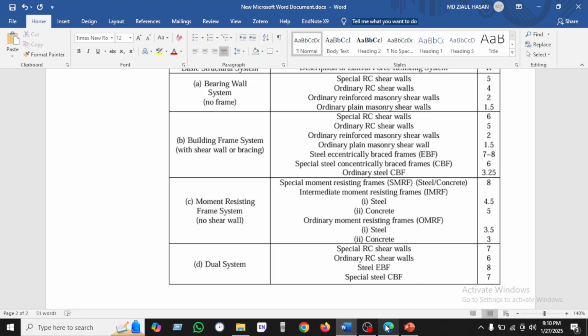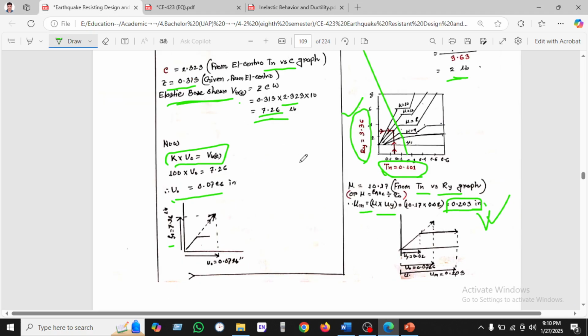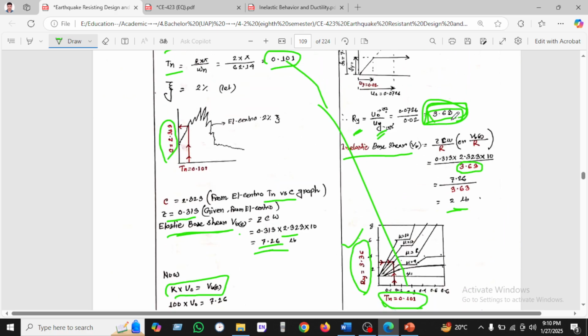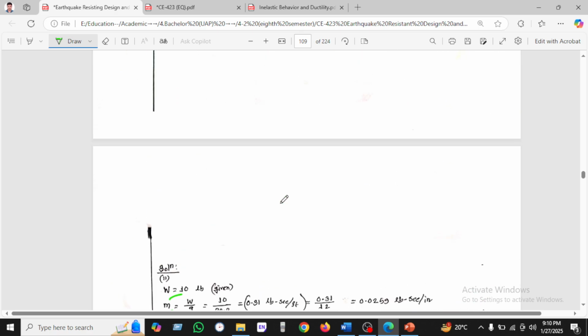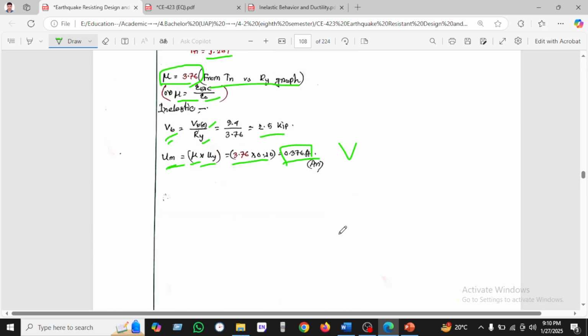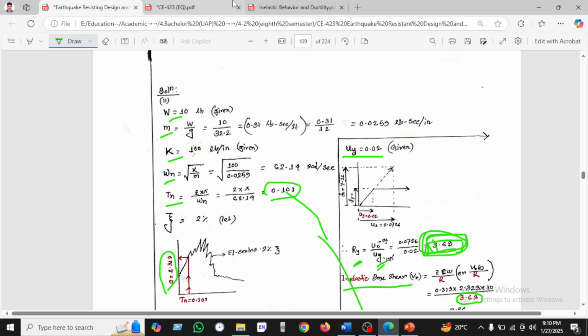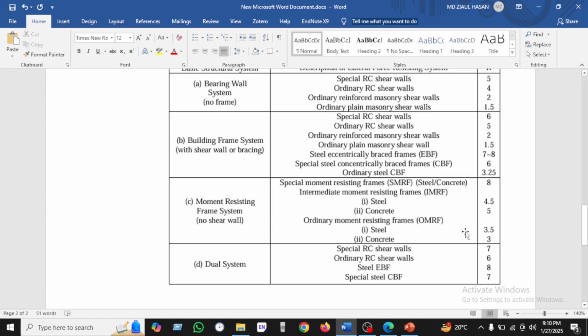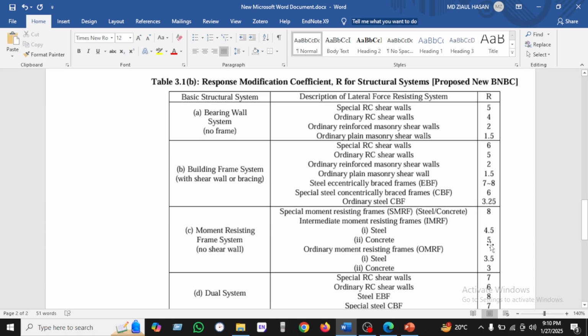In our calculation we found the R value at 3.36, and in another calculation we found R equals 3.776 and 3.63. We can say the value is very close to this value. Or if we use the intermediate moment resisting frame in concrete, the value of R will be 5.